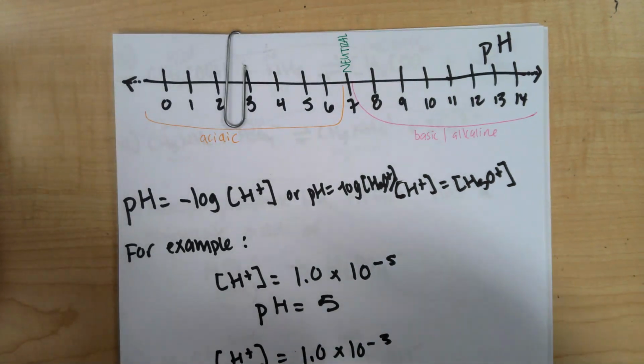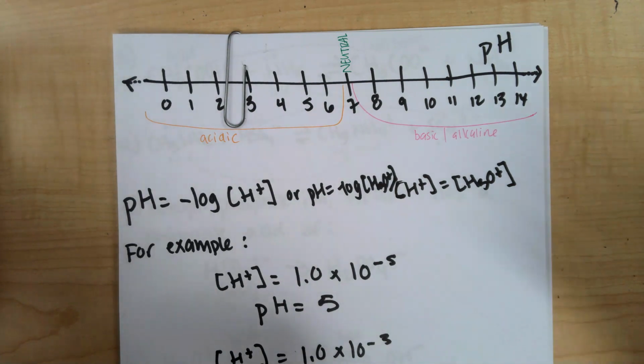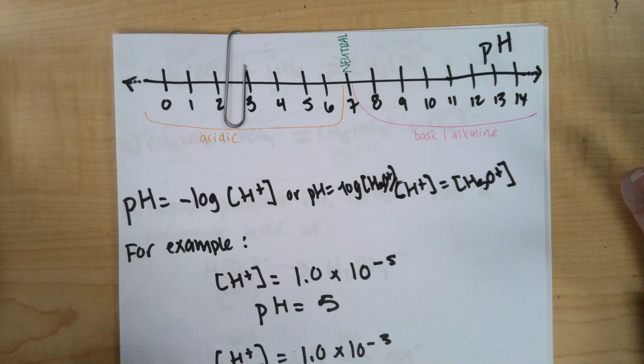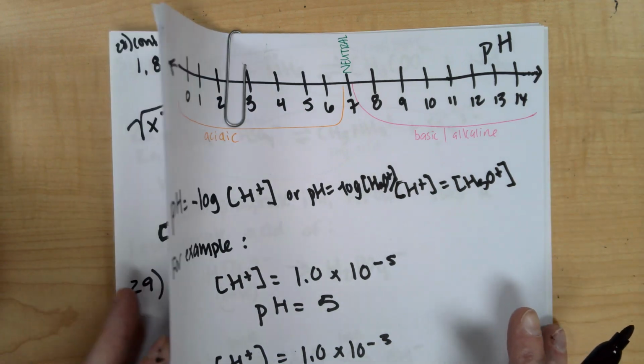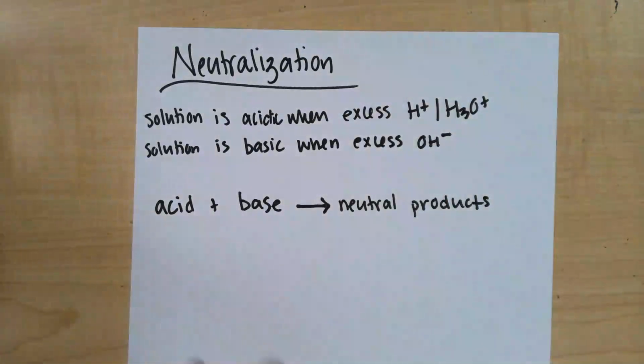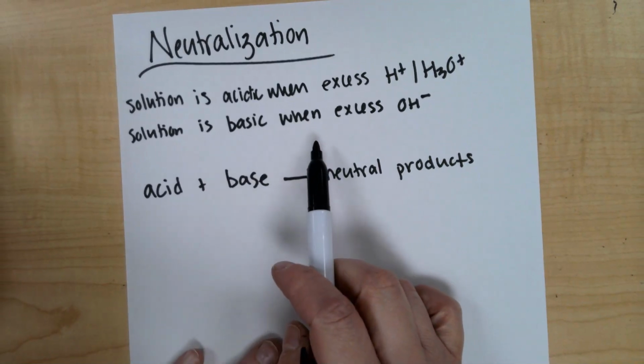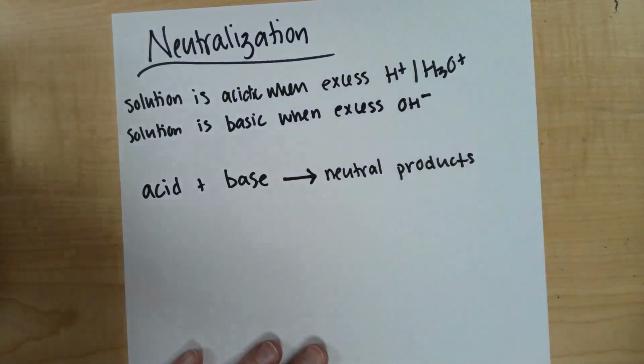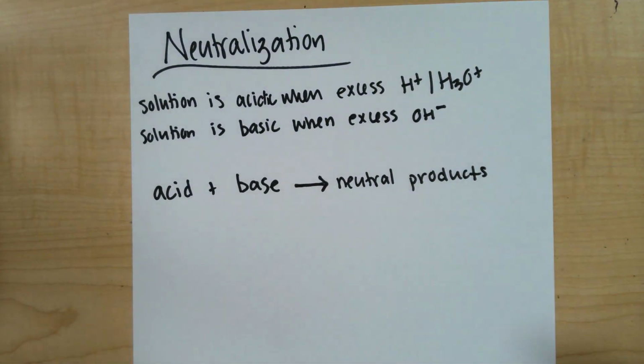Any extra OH minus would only be due to the presence of a base, raising the OH minus concentration, making it basic or alkaline. So a solution is basic when we have excess hydroxide from a base dissolving.